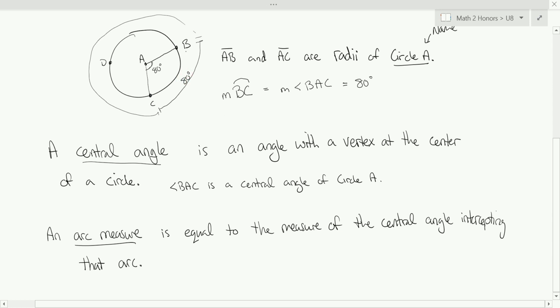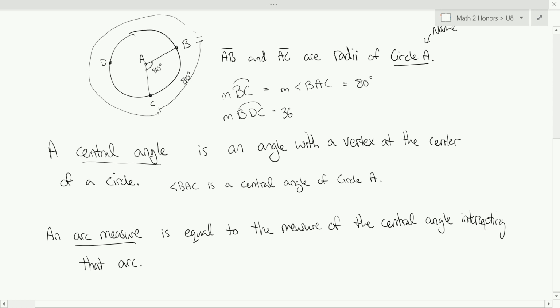If I want to talk about the measure of the larger arc, the major arc from B to C, we usually use 3 points. So starting at B, going through D, and ending at C. So that signifies our major arc. What would that measure be? 280, right? Because it's the rest of the circle. A full circle is 360 degrees.